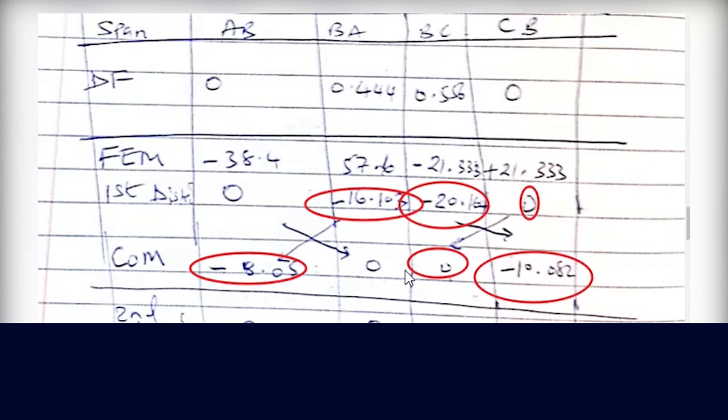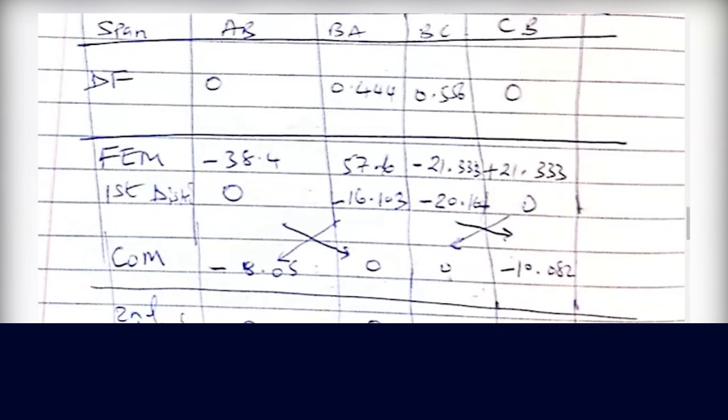Because this is 0, here should come to 0, because it is distributed 0 to the half. Now this one, 20 should go halfway to 10, and this one, 16 halfway should go to 8 point something. So we call the carryover moment a half, vice versa, transferred to the joint.